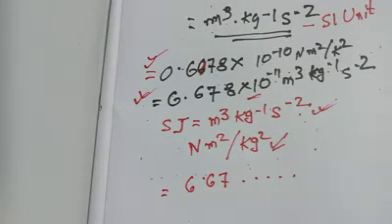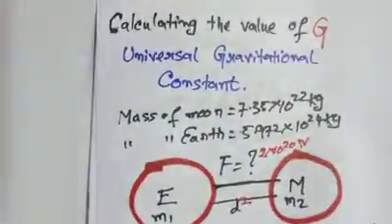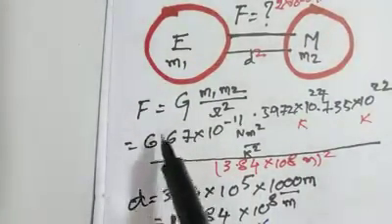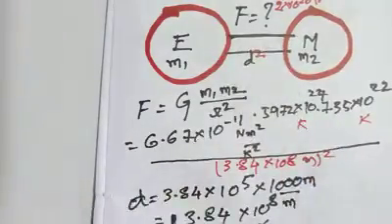So let me just summarize what we have learned. I will turn the page over and go back to my previous calculation so that you can understand it. From this part, we were given the mass of the moon and the mass of the earth, and we calculated the force between the earth and the moon.